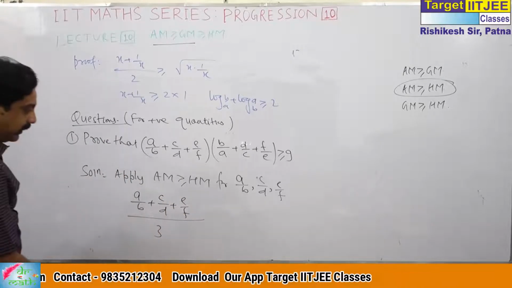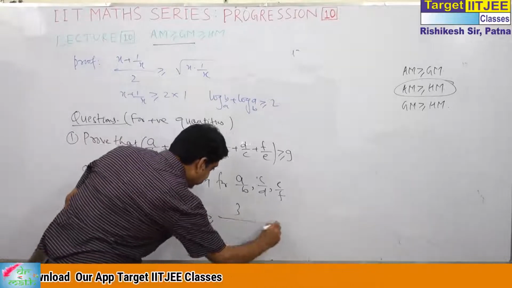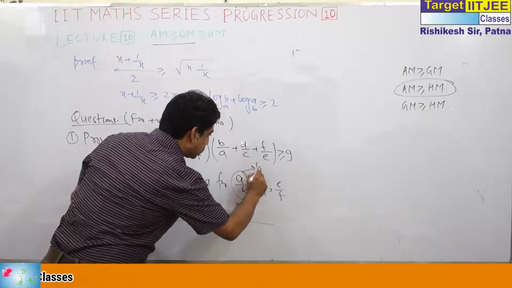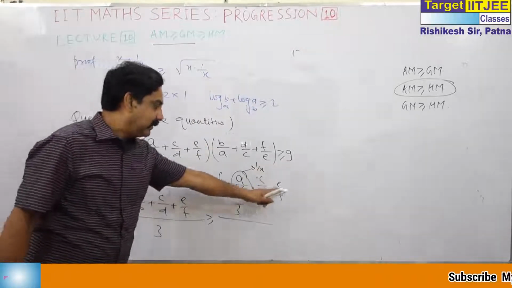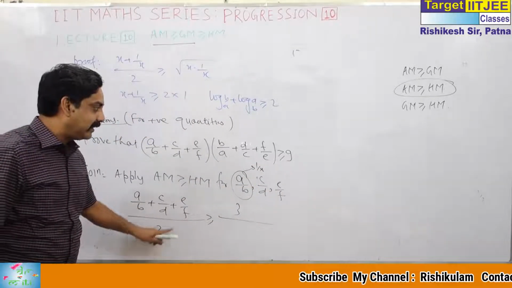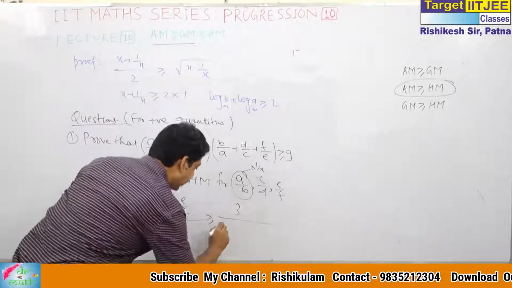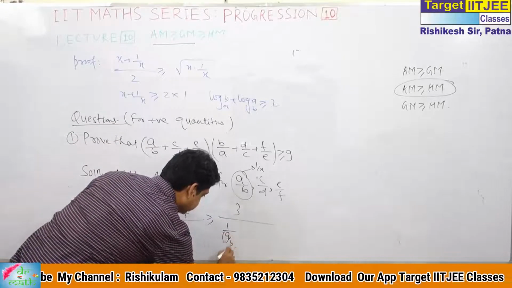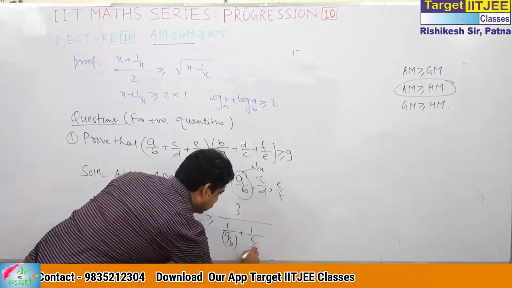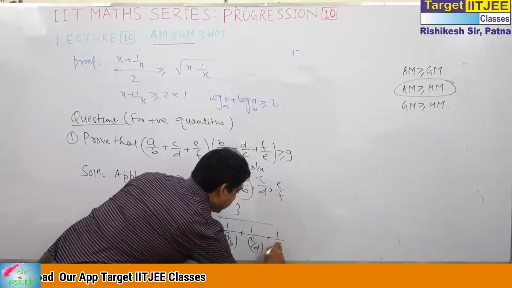What is the harmonic mean? Basically it is 3 over the sum of reciprocals. If these are x, y, z, the arithmetic mean is (x plus y plus z) by 3 and the harmonic mean is 3 over (1 by x plus 1 by y plus 1 by z). Let me write 1 by (A by B) plus 1 by (C by D) plus 1 by (E by F).